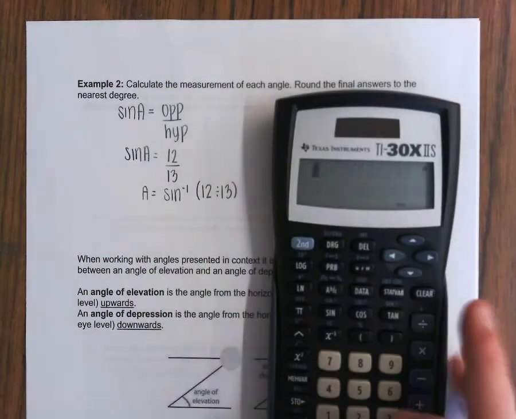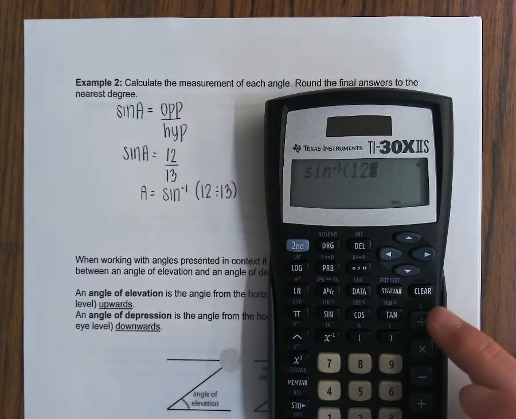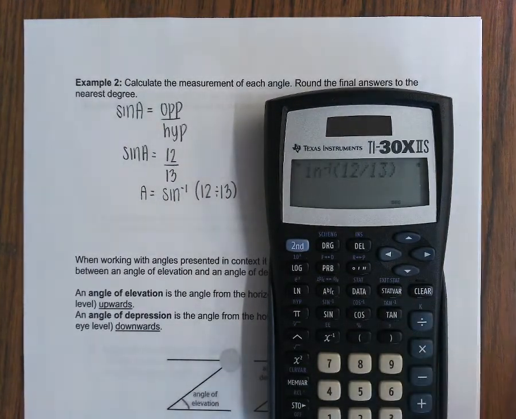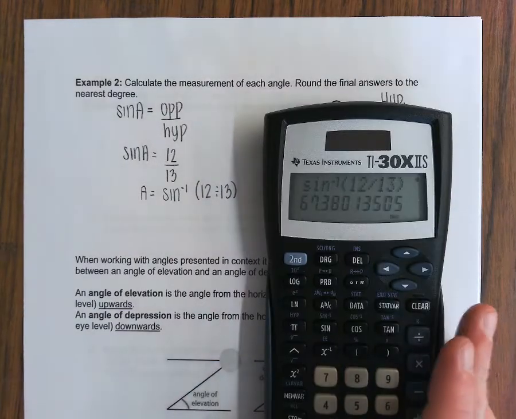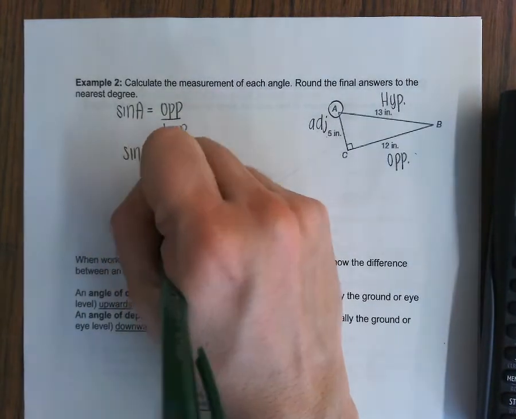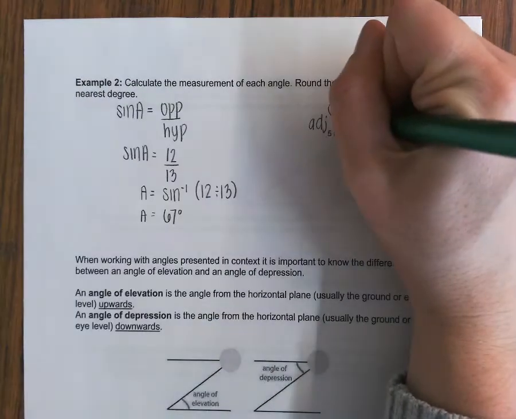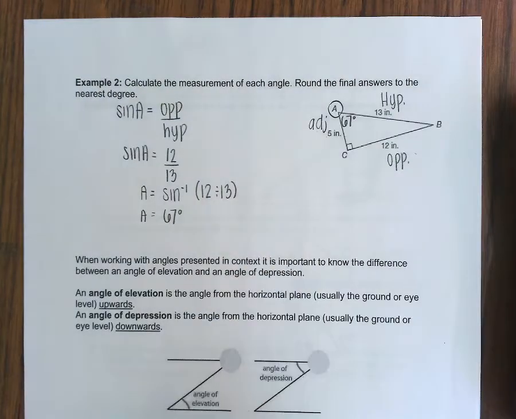So on my calculator, sine inverse of 12 over 13. So 67, rounding to the nearest degree, so just 67 degrees. So this angle here is 67 degrees.